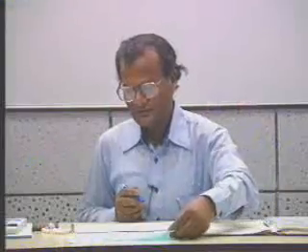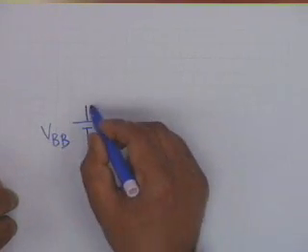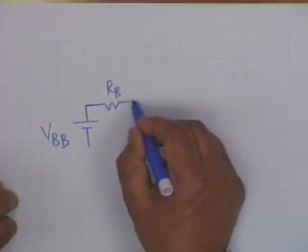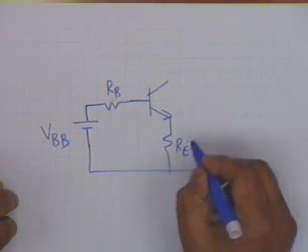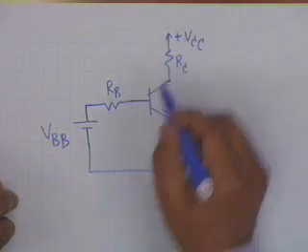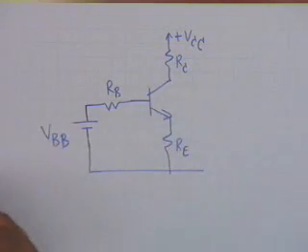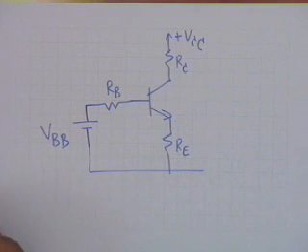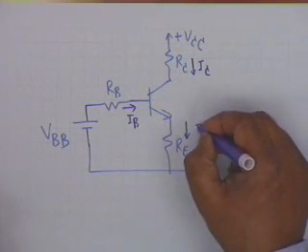The equivalent circuit becomes, I have a VBB, then I have R sub B, then the transistor, RE, then R sub C plus VCC, and this current is I sub C, and this current is I sub B. Therefore, also this current is I sub C plus I sub B.